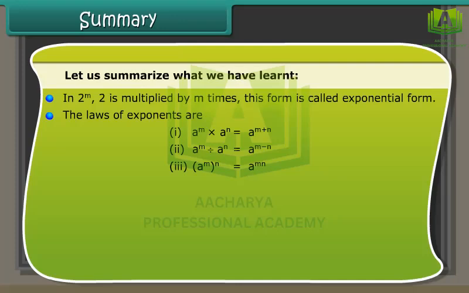3. (a^m)^n is equal to a^(mn). 4. a^m × b^m is equal to (ab)^m. 5. a^0 is equal to 1. 6. a^m upon b^m is equal to (a/b)^m.